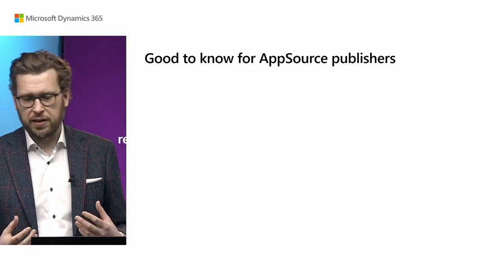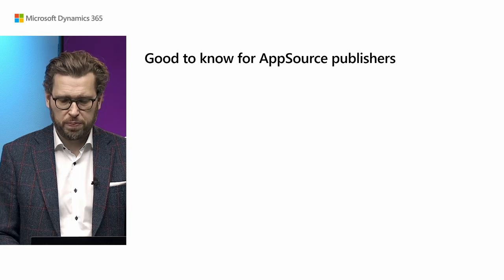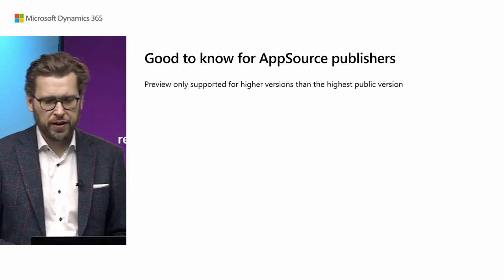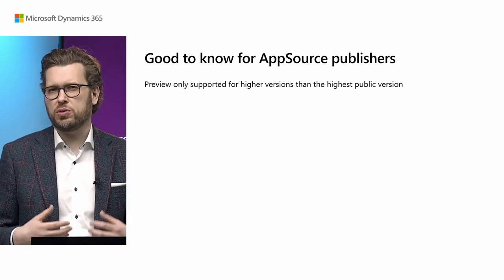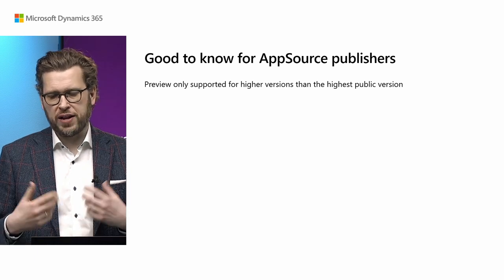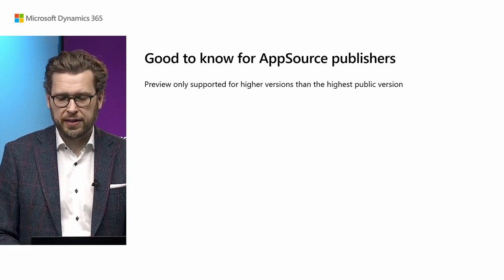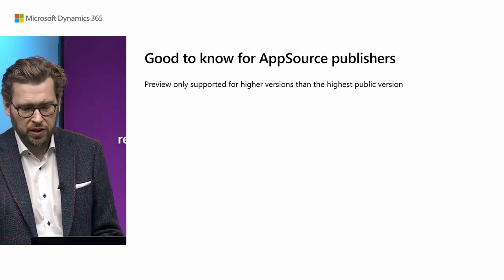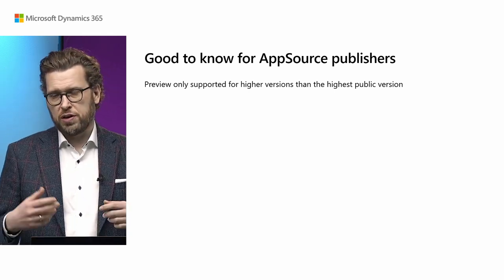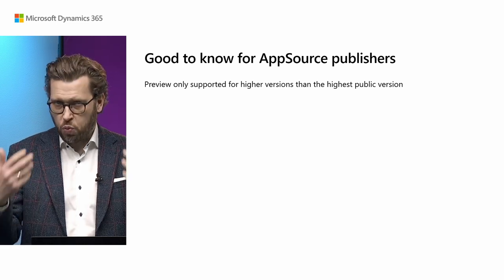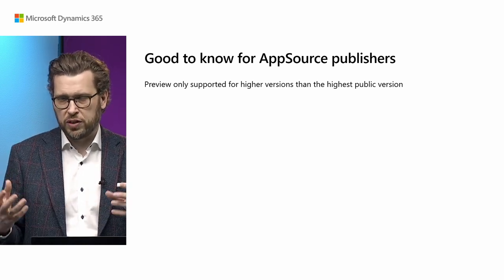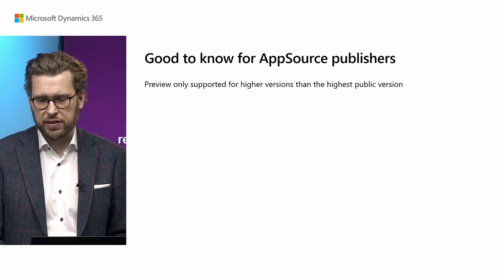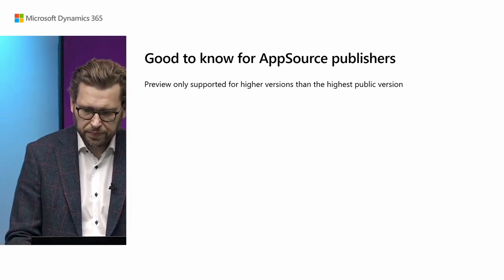So there are a couple of things that are good to know for AppSource publishers. First off, it's not possible to install a version of an app that is lower than the latest publicly available version of that app for Business Central. So if you want to create a preview version, you need to have a higher version than the last public version.